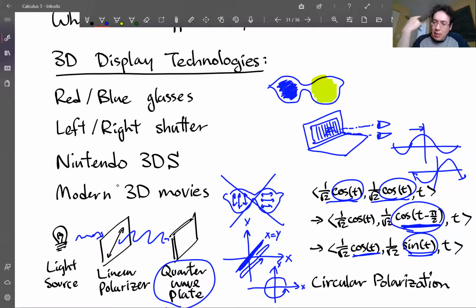So it's traveling in the z direction, but it's drawing a counterclockwise circle throughout the z-axis, and it's traveling that way. So you can actually polarize it, not just in a direction. You could polarize it in such a way that it spins, and this is what that does.